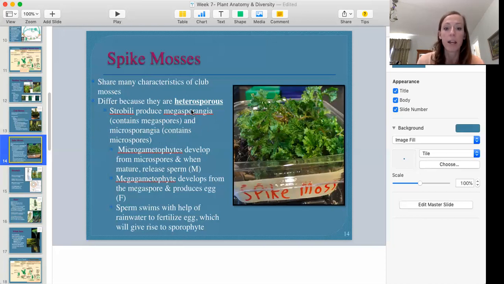And then the megasporangia houses the megaspores, which will then develop into our megagametophyte, the female structure, and produce the egg. Okay. Fertilization happens the same way. Rainwater helps to wash the sperm and get the sperm to fertilize the egg, and then the diploid number is restored, and you can have that zygote develop into a mature sporophyte. Okay, and that's again what you're seeing here.